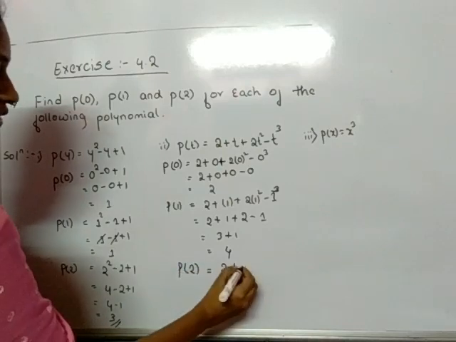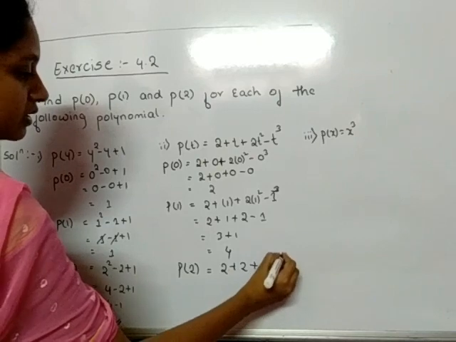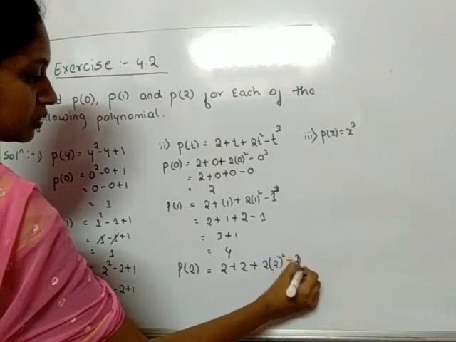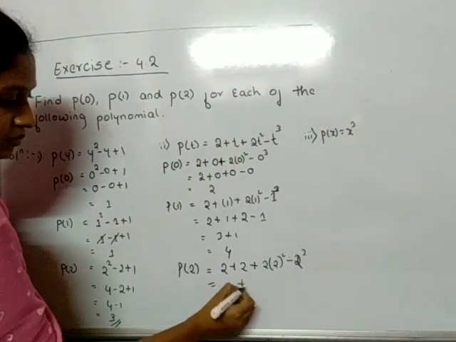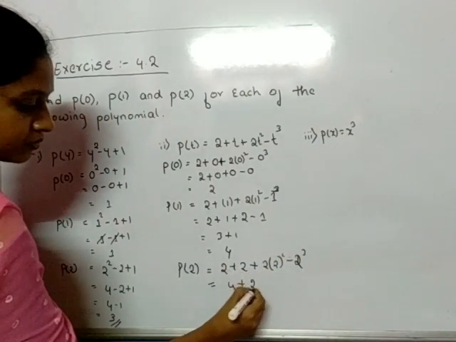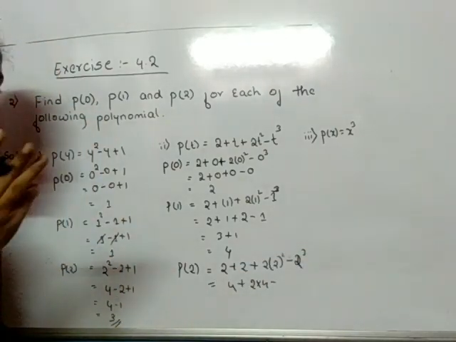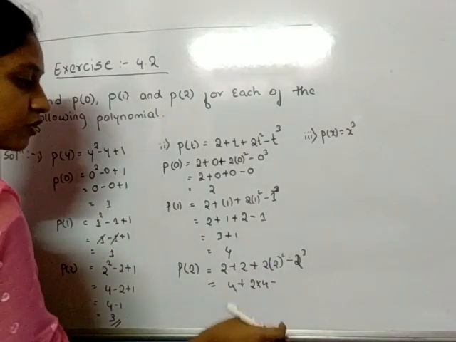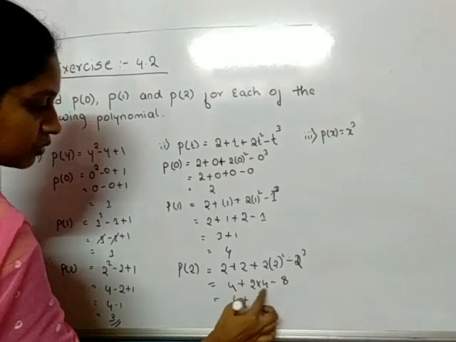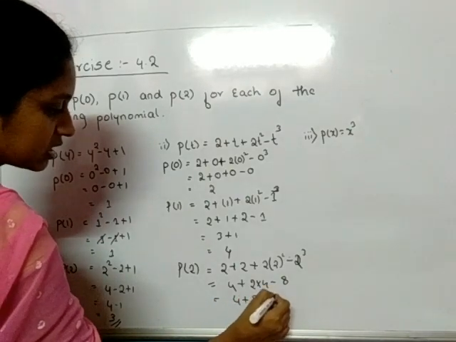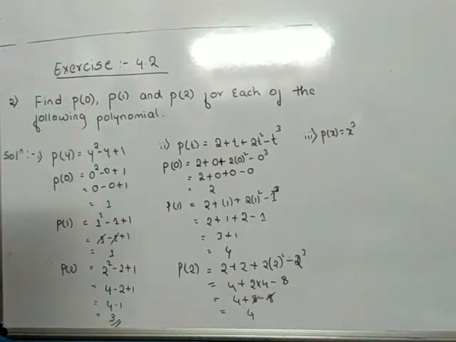In place of t we need to give the value 2 here, plus 2 square minus 2 cube. 2 plus 2, 4, plus 2 2s are 4, minus 2 raised to 3 means we need to multiply 2 three times. 2 2s are 4, 4 2s are 8. So we'll get here 4 plus 2 4s are 8, minus 8. Plus 8 minus 8 cancels, remaining is 4.